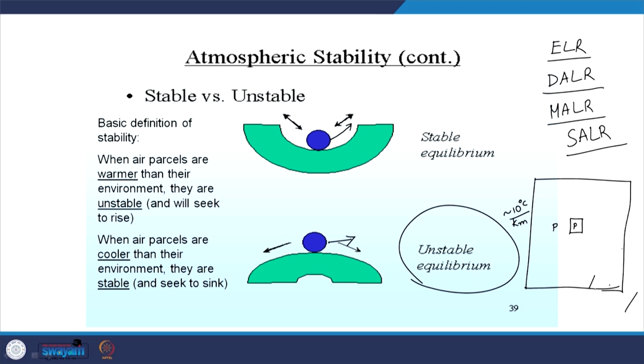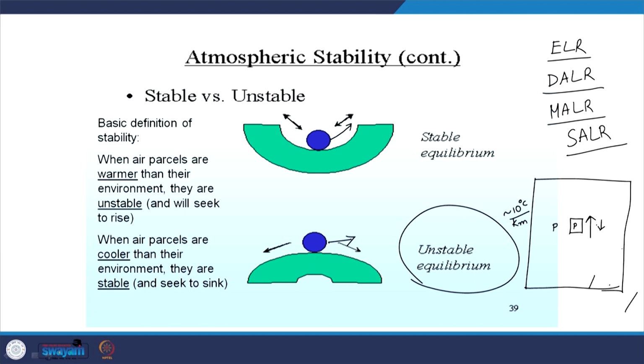Now, let us say the air parcel is displaced from its equilibrium position. To begin with, let us say that the air parcel is at rest with respect to the environment, and if this air parcel is displaced slightly away from its equilibrium position, then if this air parcel returns back to its equilibrium position, then you say that the atmosphere or the environment is stable.